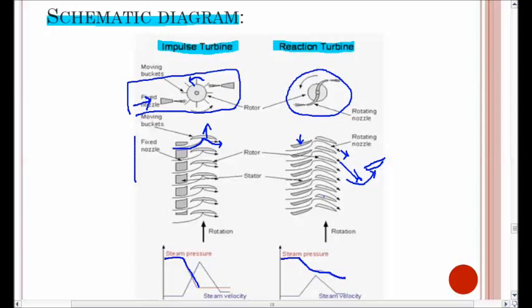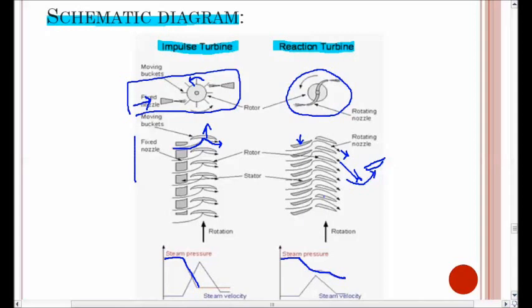But there is a small point to be noted in a reaction turbine. A reaction turbine cannot be completely sustained on a reaction mechanism. Initially, in the first stage, when the steam enters through a fixed blade and hits the first rotor, at that part it has an impulsive action.